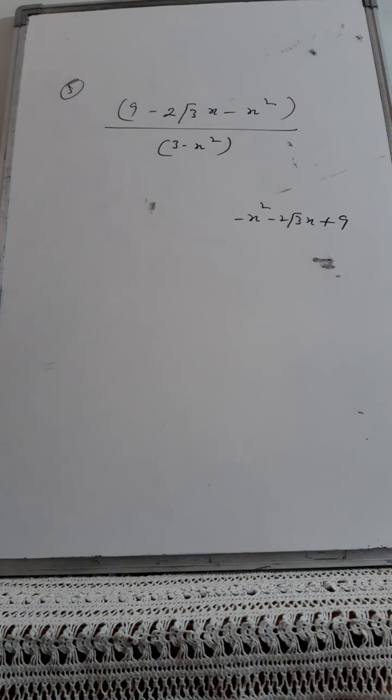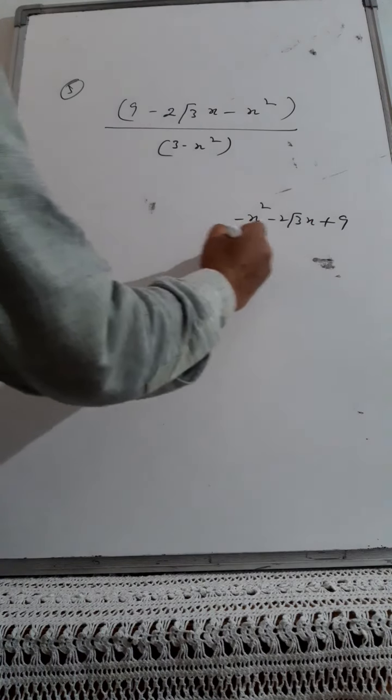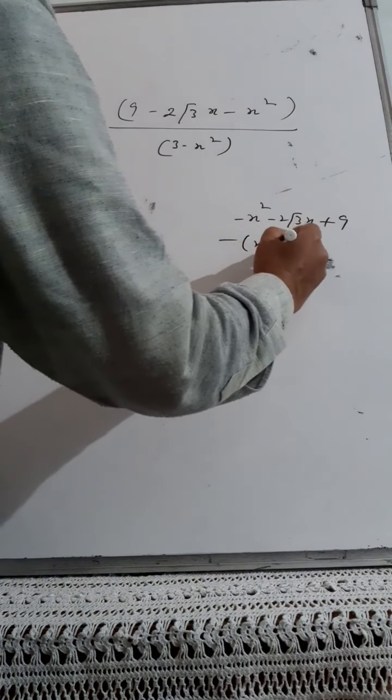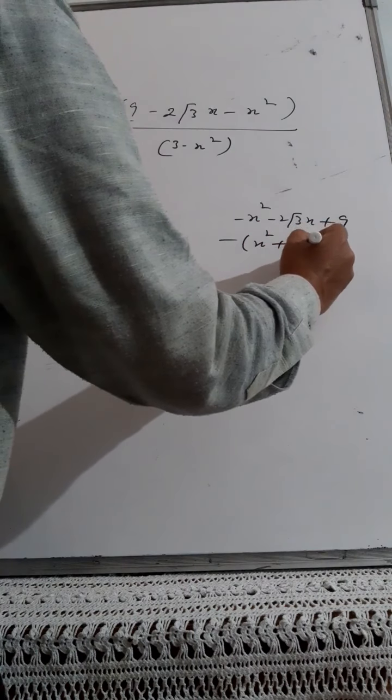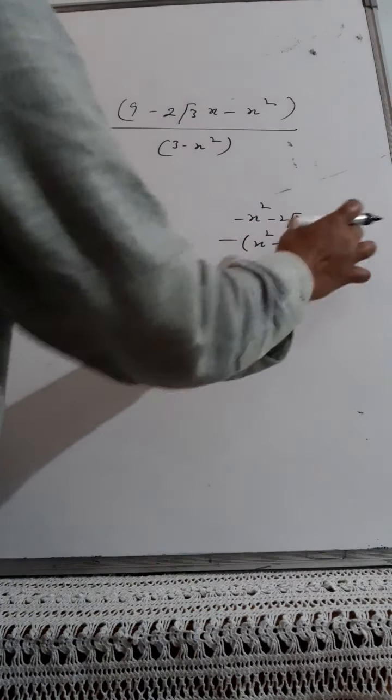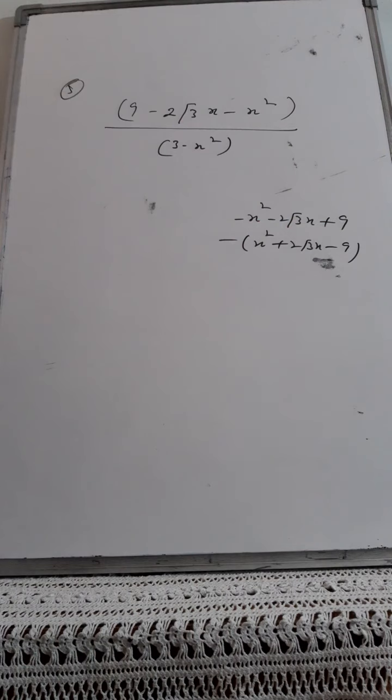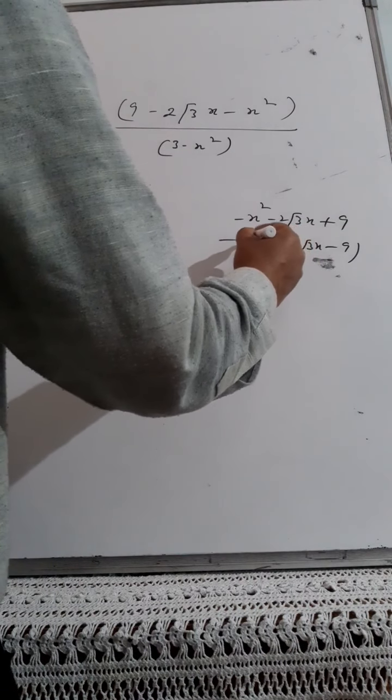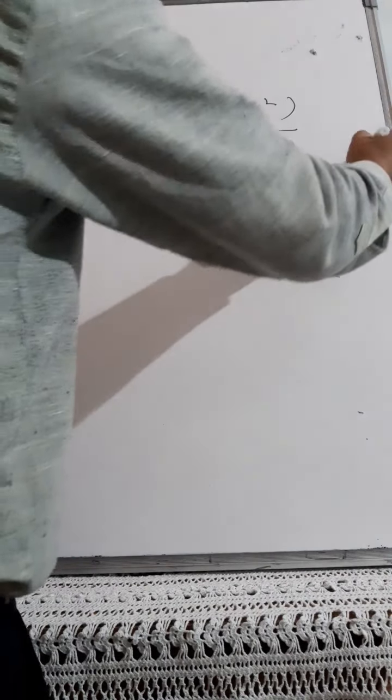If you look from the factorization point of view, suppose I take the minus sign common, then it becomes x square plus 2 root 3x minus 9, just to make my calculation easier. Only from that point of view I'm speaking. Now you can think about middle term splitting. If I multiply the coefficient of x square and this, I will get 9. So what are the factors of 9? 3 and 3.